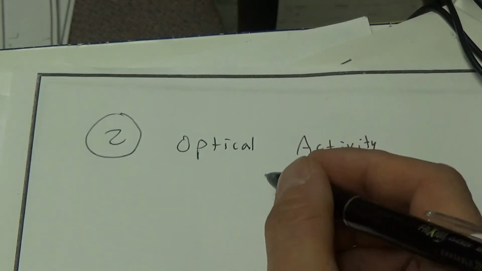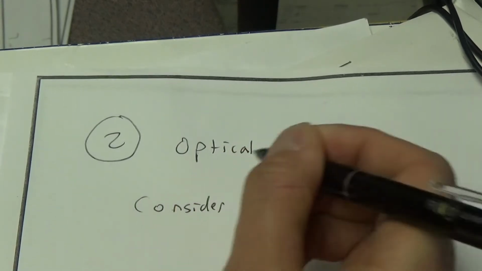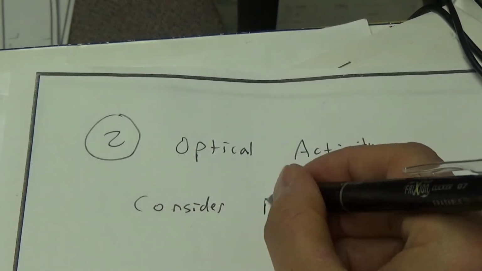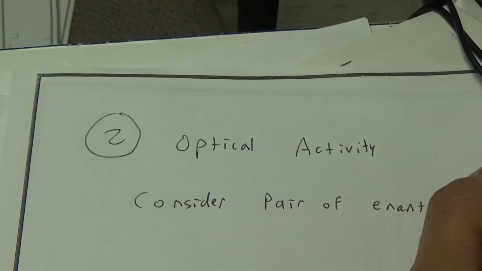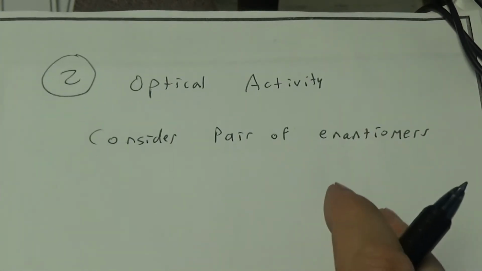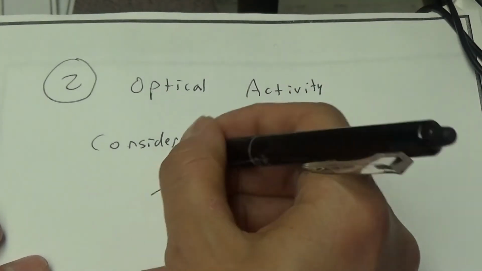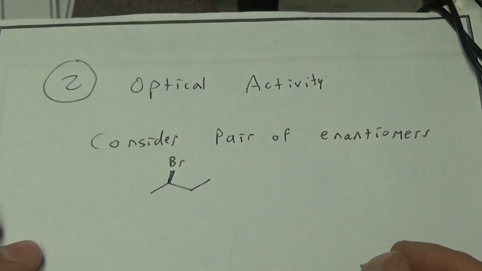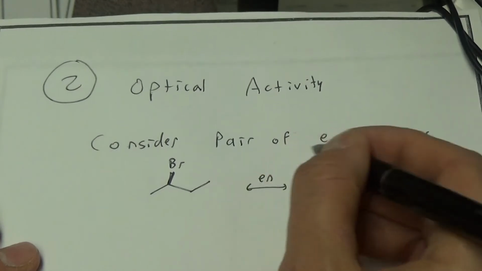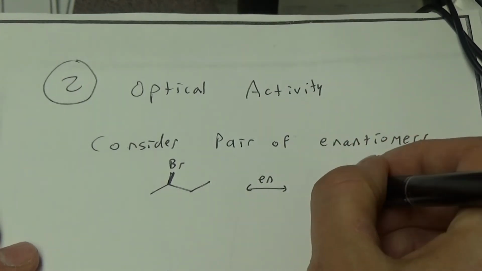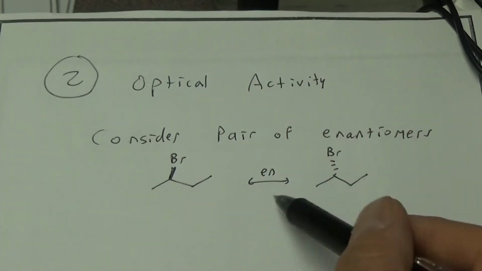All right, so let's consider a nice pair of enantiomers. Make it easy: 2-bromobutane, a chiral molecule with one chiral center. That's one way we can draw the enantiomer.